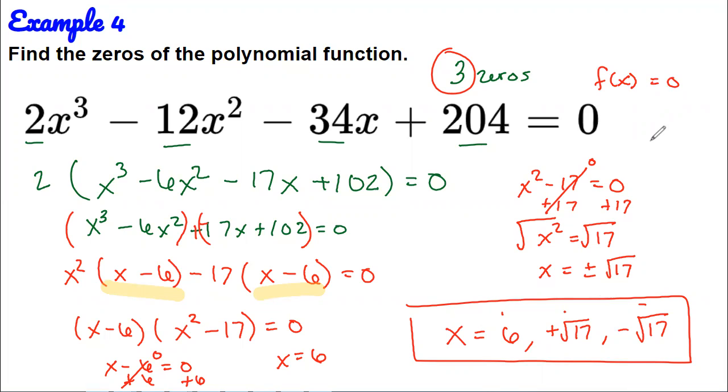So if I were to create a table, for example, and I wanted to say that my x values were 6, square root of 17, and negative square root of 17, my y value would be 0, 0, and 0. Or my f of x would be 0. Or my p of x, whichever function I have, my y value in that case would be 0. All right.